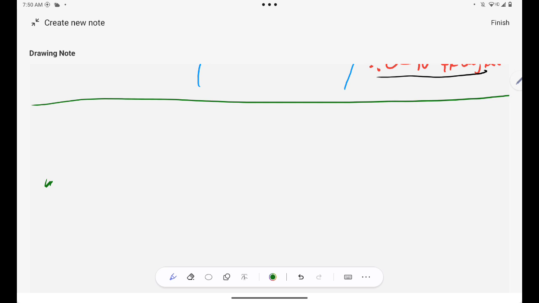Okay, let's try this one. You have 7 sine squared theta plus 4 sine theta cos theta is equal to 3. Guys, you can pause the video and do this on your own first, and after you've done it, you can come and do it with me.